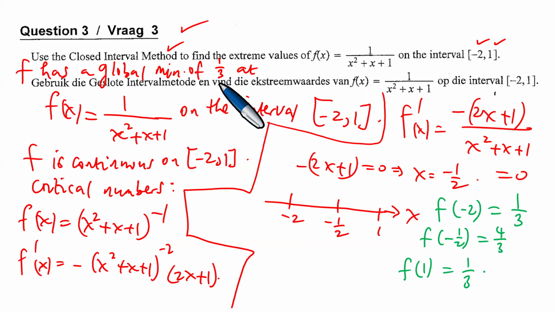All right, we continue, and then you say f has a global minimum of 1/3 at x equals minus 2 and at x equals 1.